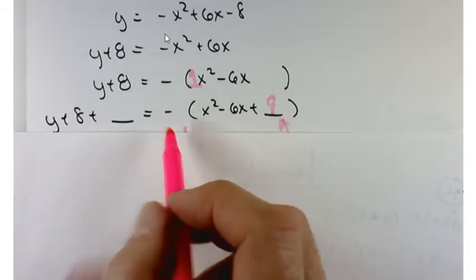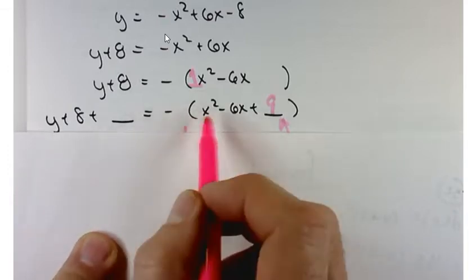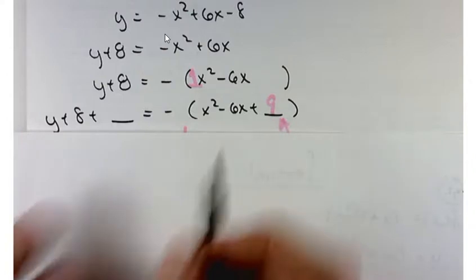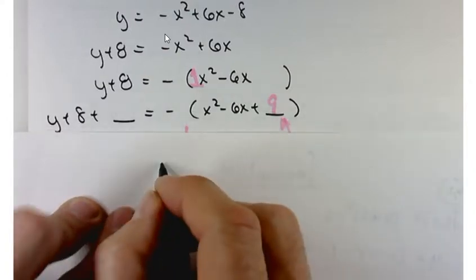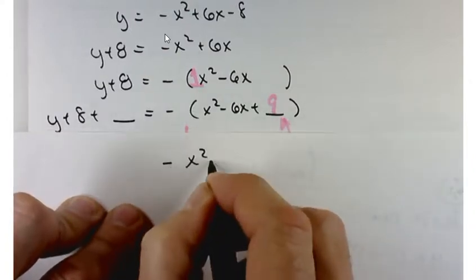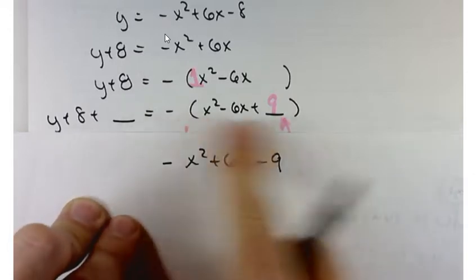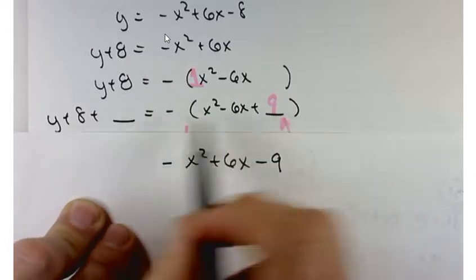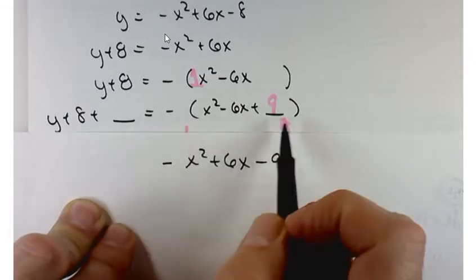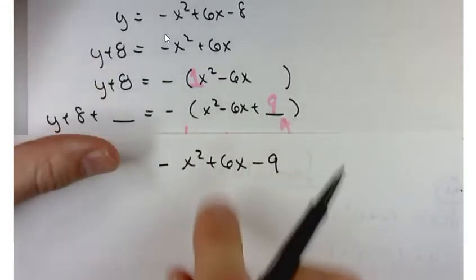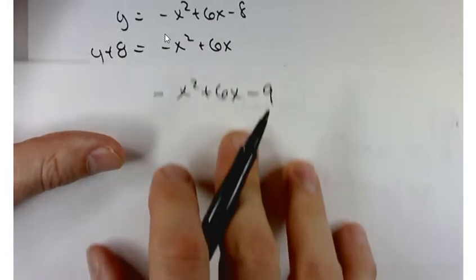If you were to distribute this negative to all three of these terms, you would get a negative x squared plus 6x minus 9. See where that minus 9 comes from? It's because you have to distribute that term out in front. Let's compare this to where we started out.